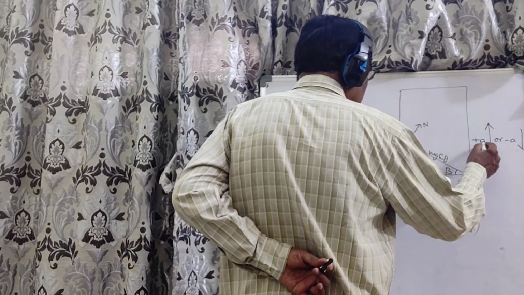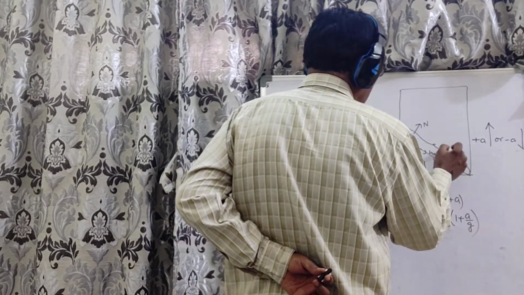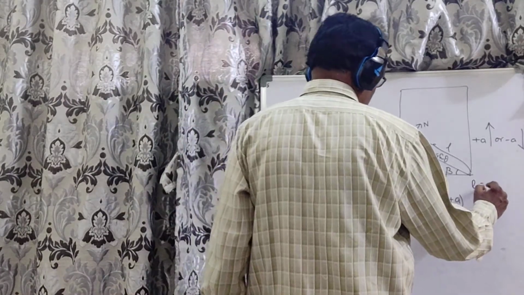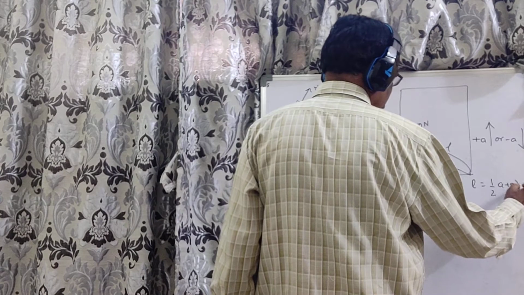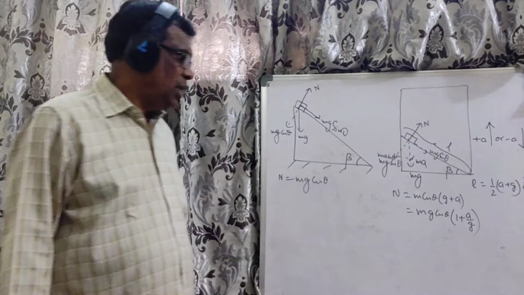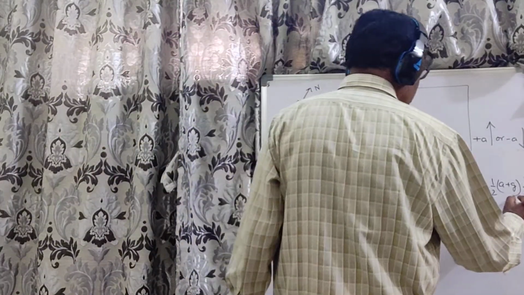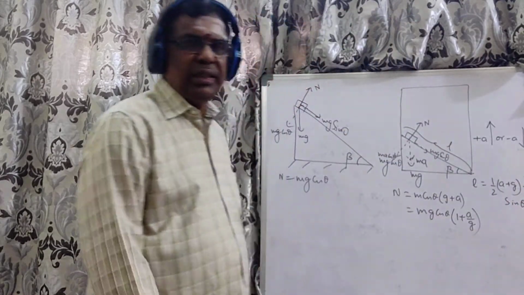Then, if somebody asks what time it takes, if this length is L, L is equal to half (a plus g) t square sin theta, because the component there is sin theta.